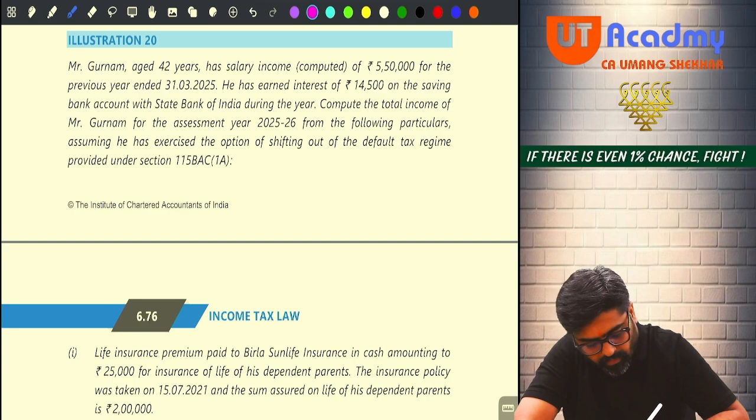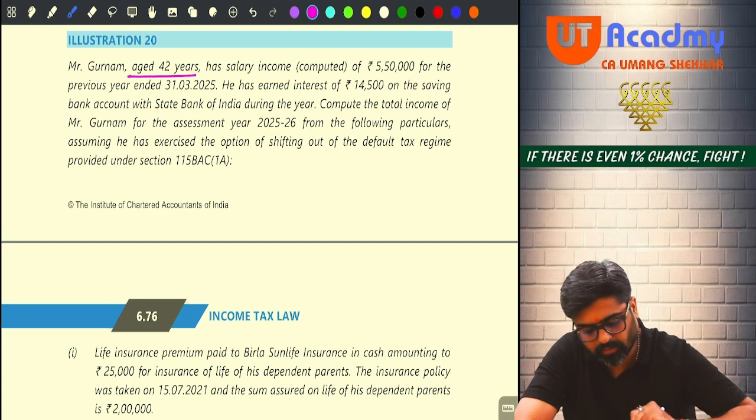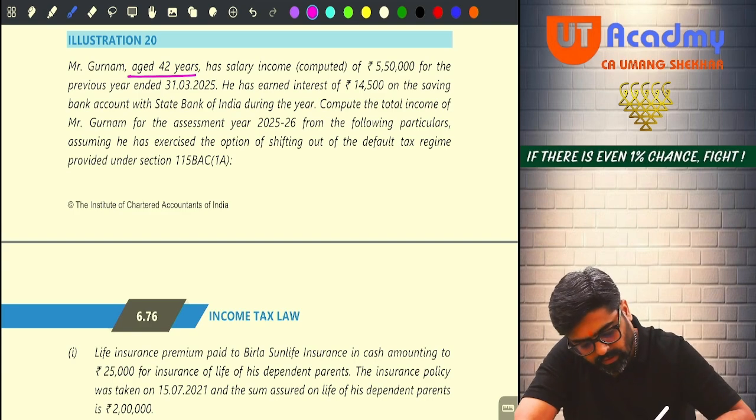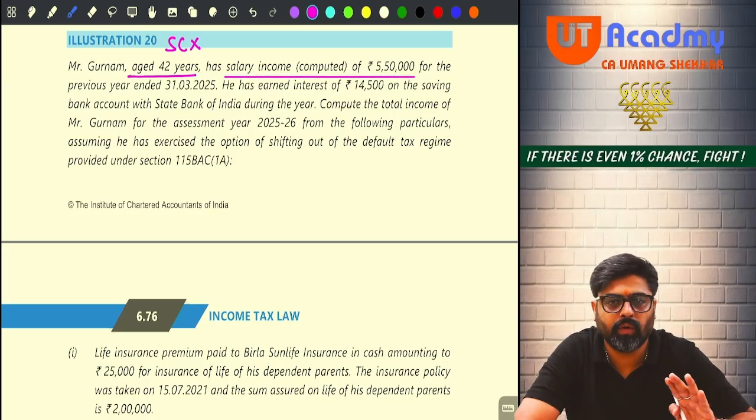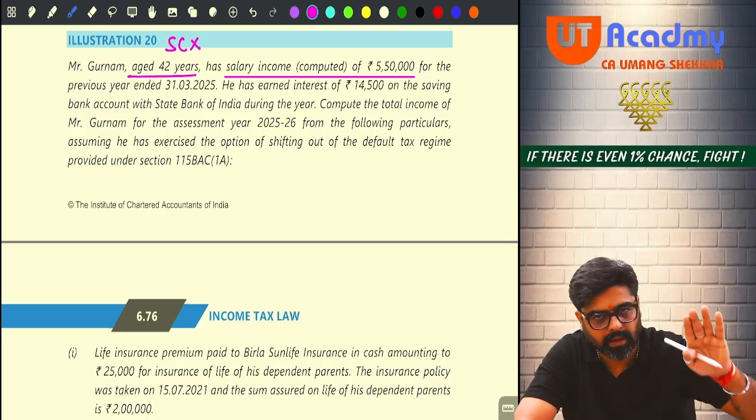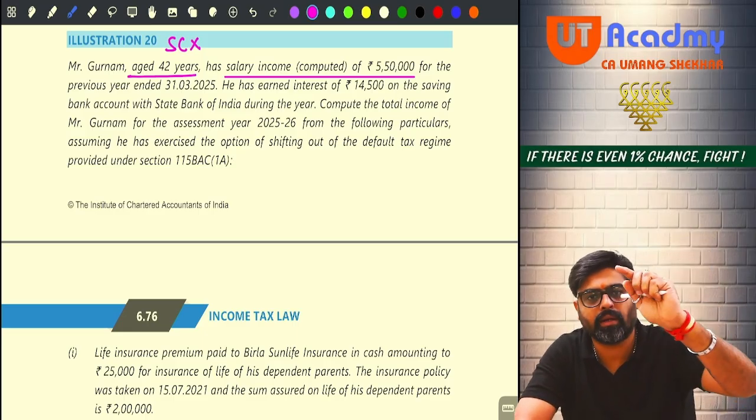Mr. Gurnam, aged 42 years, means he is not a senior citizen. Salary income computed 5,50,000. No need to do any standard deduction, no need to do anything. Whatever final income of salary head, they have computed.